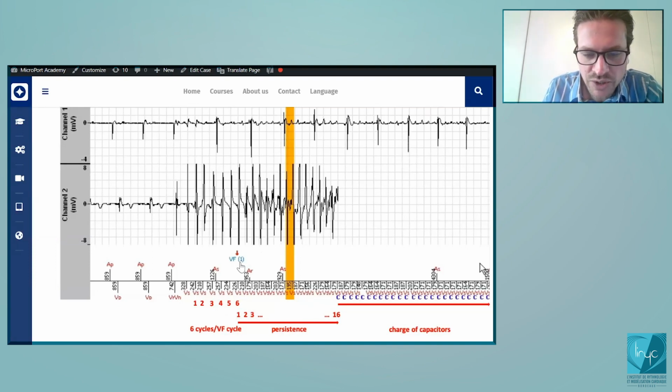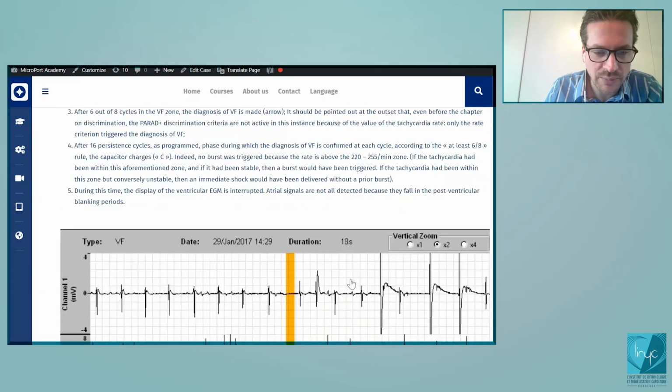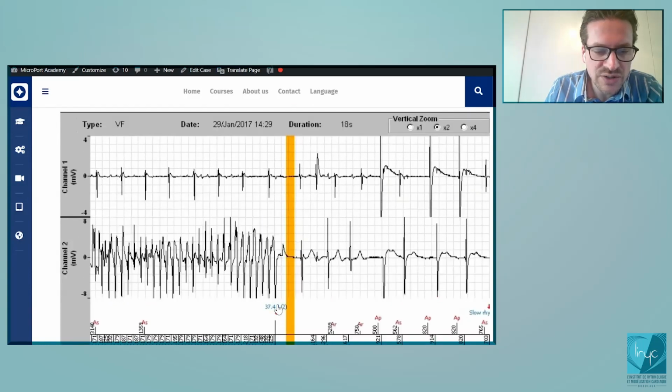It's not shown because we're not interested in it, since it didn't change. But it's still doing this diagnosis and the analysis all the time. So it still needs to have this VF majority, and the cycle needs to be in the VF zone, and then it will deliver on the next R wave, as you can see here.